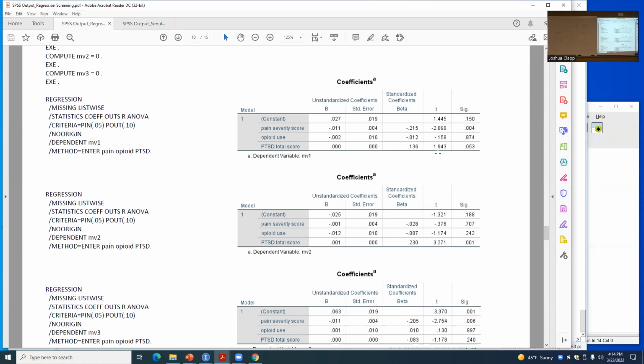And Sam, if I'm looking at this, what variables are coming up as predictors of MV1? Pain severity, yeah. Anything else? Maybe PTSD, right?